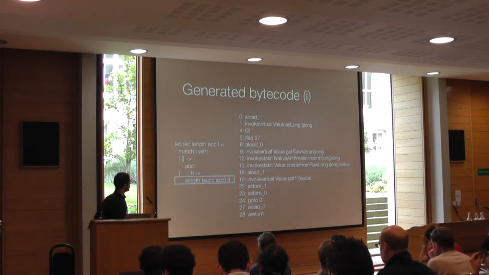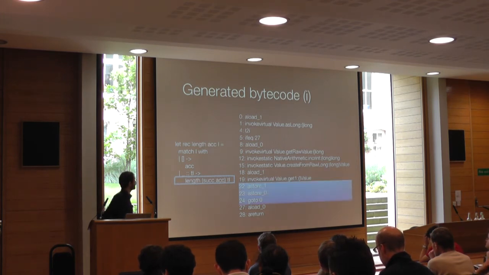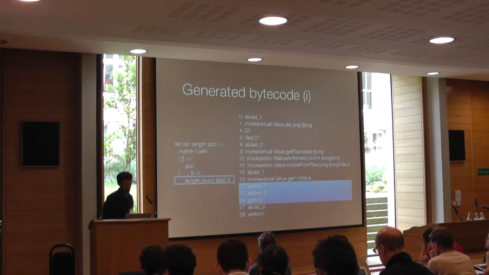And then the encoding of the actual recursive call is done by only storing the computed values back to local indexes 0 and 1, and goto 0 is a jump to the start of the method.